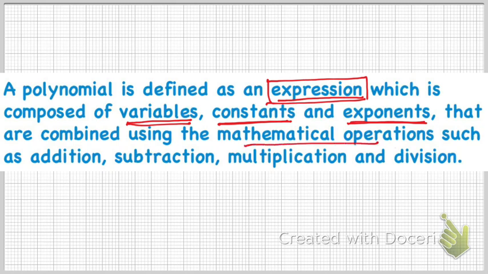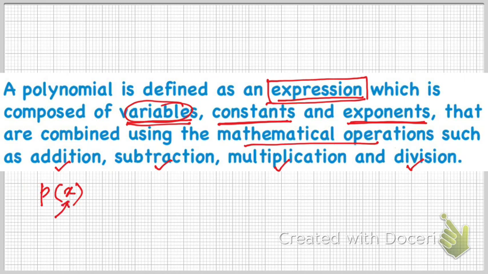And you know what mathematical operations are? That is addition, subtraction, multiplication and division. So I'll explain this with a few examples. Say we define any polynomial as p(x). Suppose we have a polynomial p(x) where the variable is x.